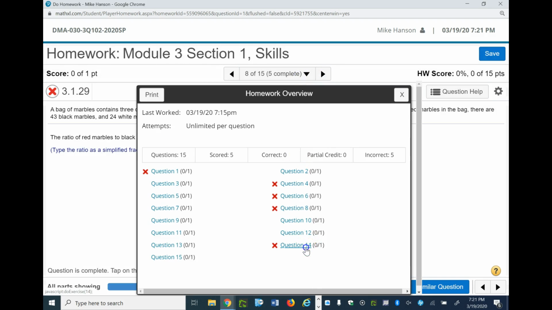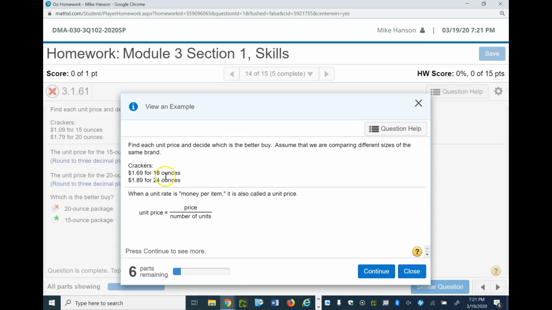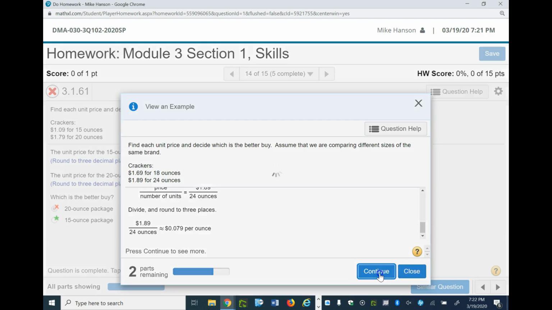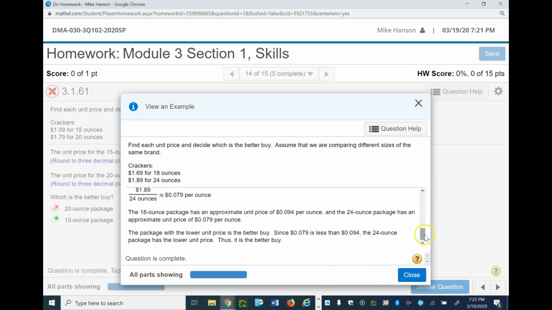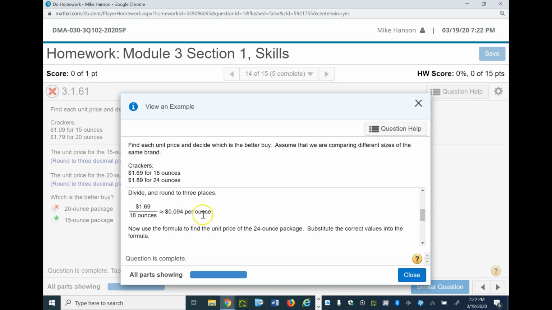The last one I want to go over is number 14. For this one, this time they changed the "to" now to "per." We're trying to find the unit price, dollars per ounce. So when we need to find the dollars per ounce, it's going to be dollars per.